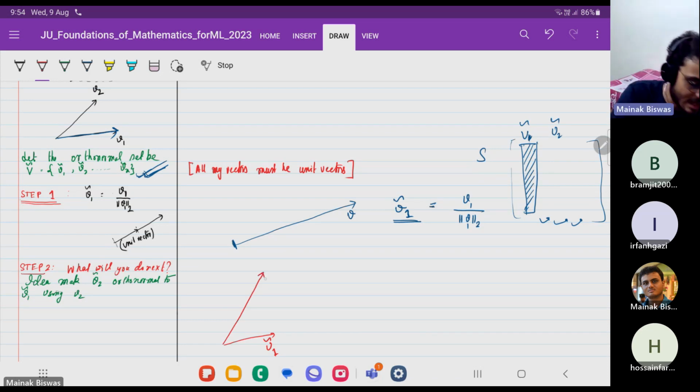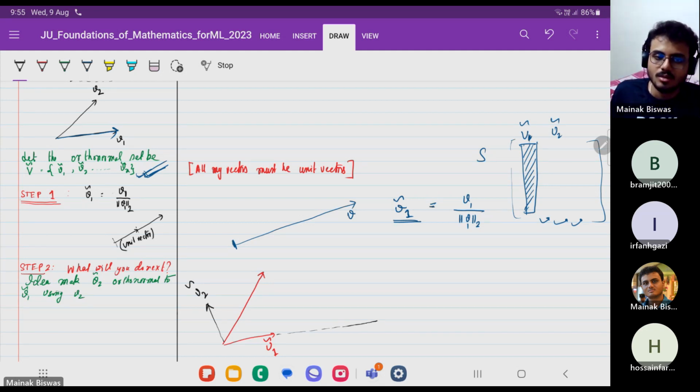Tell me now, how will I convert the v2 vector into a vector like this, which will give me v2 tilde? Any idea? We have done this in projections, recall. We have projection matrices and so on.